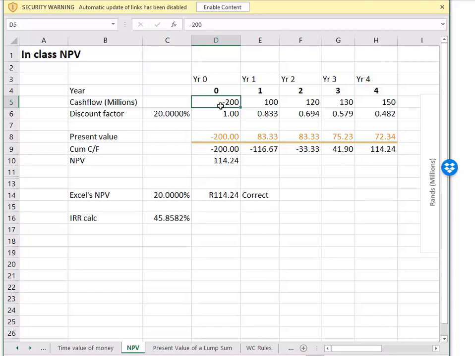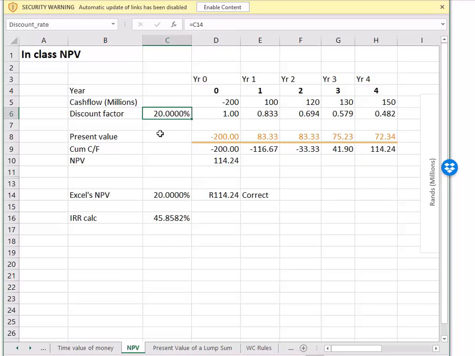Okay, so I'm going to discount these future cash flows at 20%. If we say in South Africa a cost of capital that might be reasonable to use for a business is 18%, I'm suggesting we use 20% because maybe this is a small medium enterprise. It's more risky than a listed company.